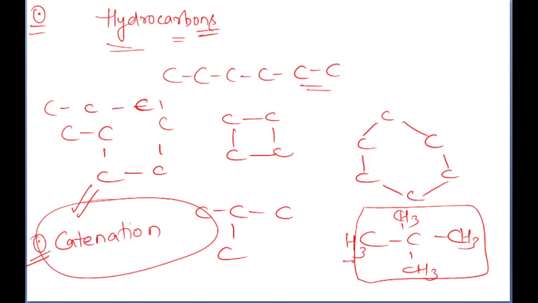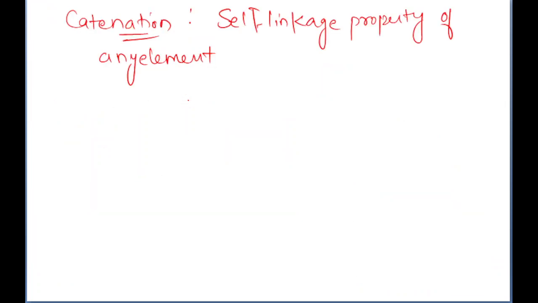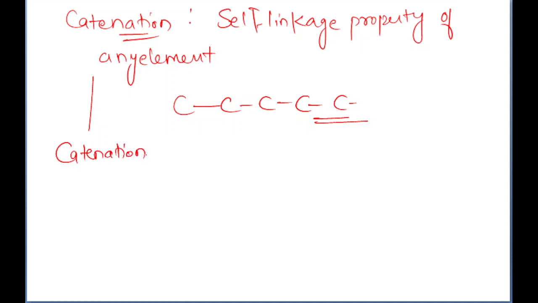Here you see one carbon is bonded to another carbon. This carbon is again bonded to another carbon, meaning carbon has the capability to bond with other atoms of carbon. That's why a lot of organic compounds are possible. So catenation is the reason that a lot of organic compounds are possible.